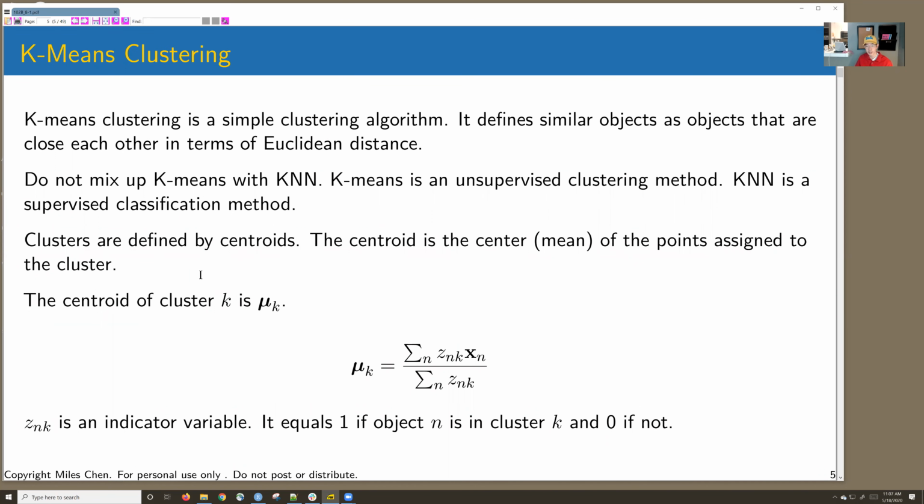Anyway, today we'll look at k-means clustering, which is kind of the simplest of the clustering algorithms. The way it works is it's going to say objects are similar based on Euclidean distance. We've got some input matrix X, and we're assuming it to be all numeric values.